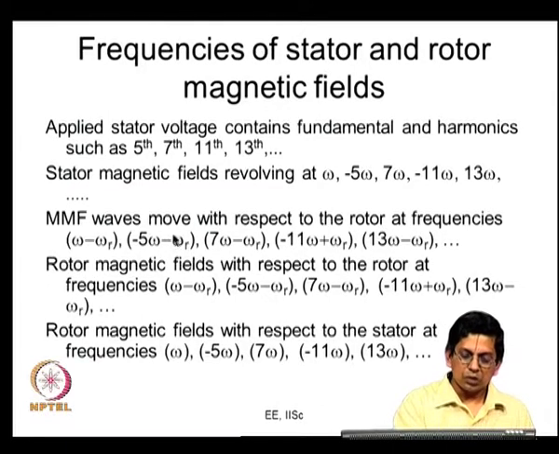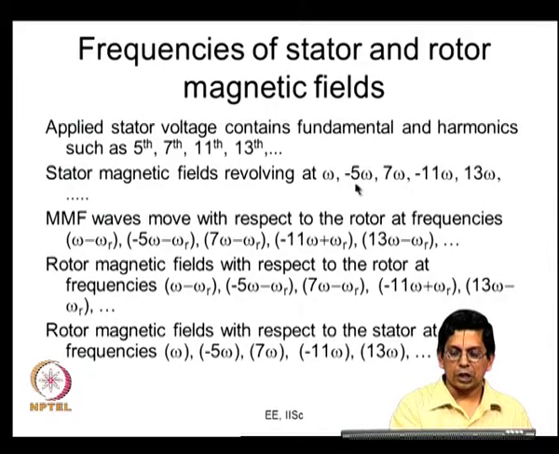So the rotor is rotating at omega r only, and therefore the MMF wave corresponding to the 5th harmonic is moving past the rotor at minus 5 omega minus omega r. So the induced EMF will be at frequency 5 omega plus omega r in the rotor, and rotor currents of 5 omega plus omega r will flow because of the 5th harmonic.